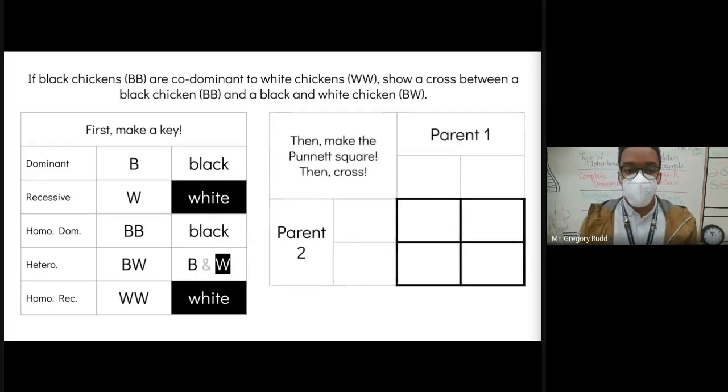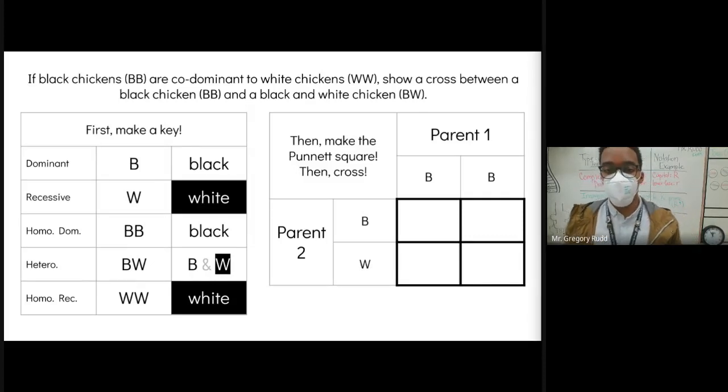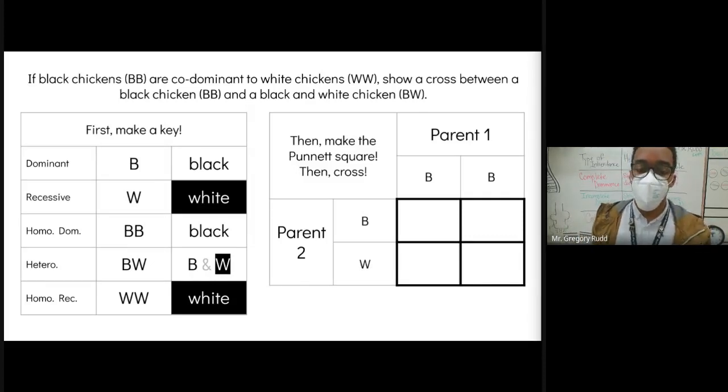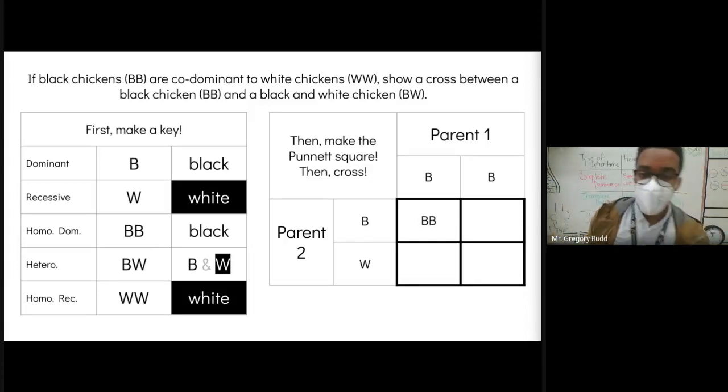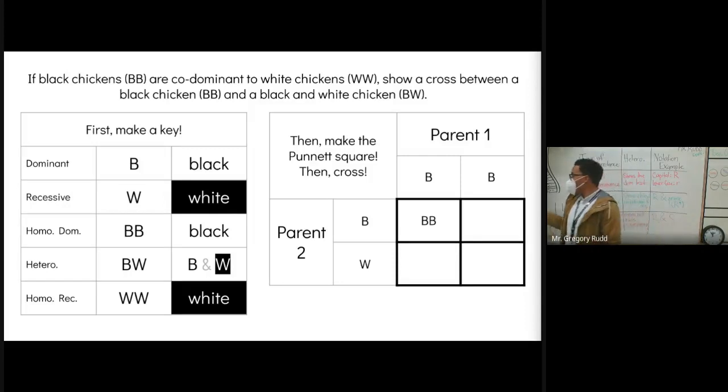Okay. So in this case, we've got one black chicken that's BB, and then we've got one black and white chicken with the genotype BW. So Ashanti, what is going to go in the top left box of our Punnett square? Capital BB. Good. And Deandra, what's going to go in the top right box here?